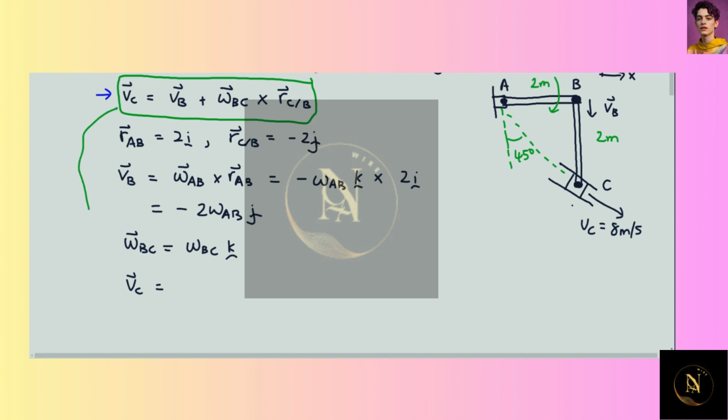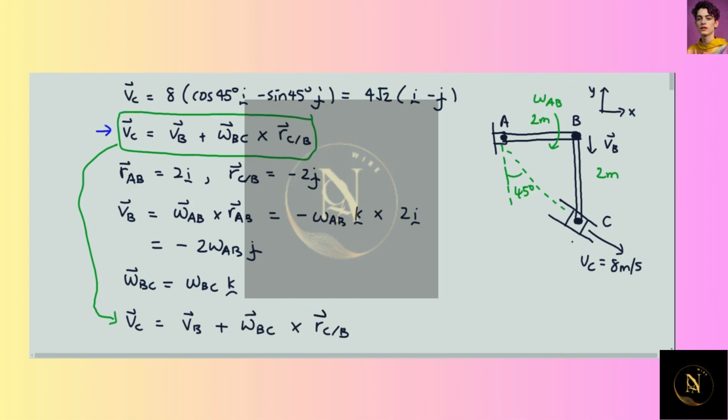So VC equals VB plus omega BC cross RC relative to B. Okay, so we can gather the information.